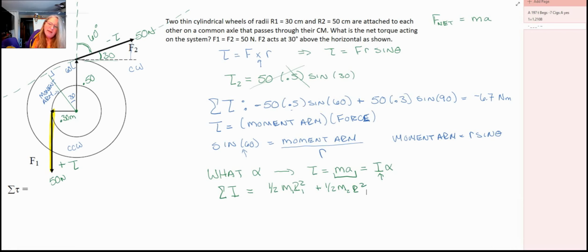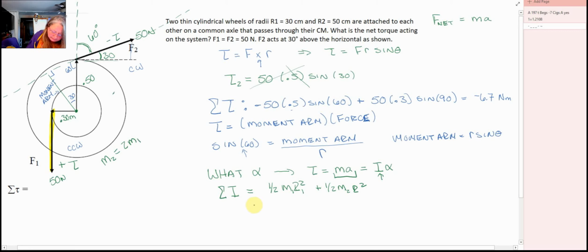For this one, I haven't given you a mass. We don't need to solve it numerically, we can just set it up. So let's say that mass 2, I'm going to call this outer one, equals twice mass 1.